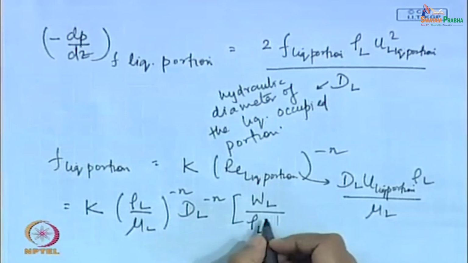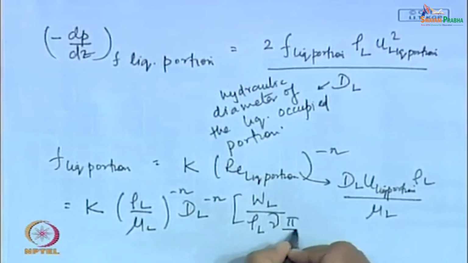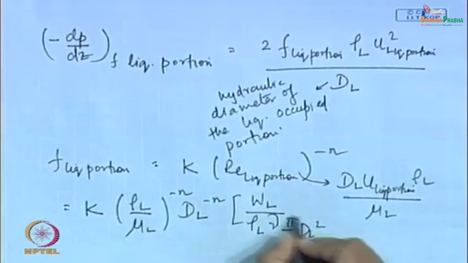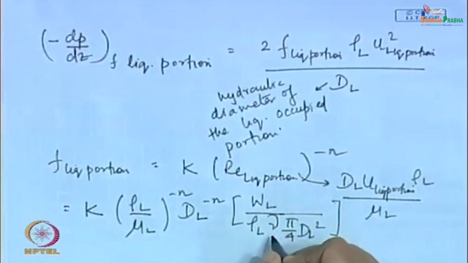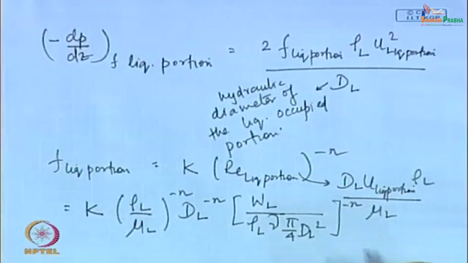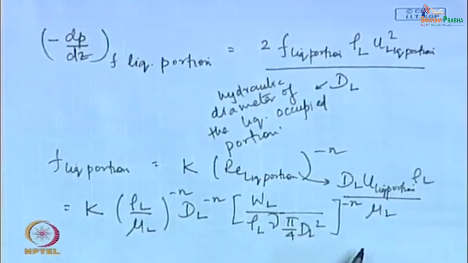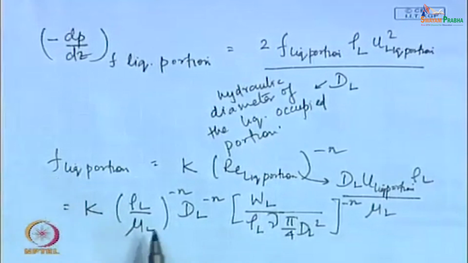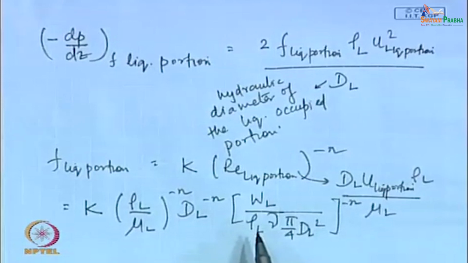What is this A L? This is nothing but gamma pi by 4 dL square, where gamma is the shape factor. That cylinder might not be completely circular, isn't it? So, this just accounts for the shape factor, which at the end we may take as 1. For the time being we would like to keep it. So, this is the final expression of the friction factor of the liquid in the liquid occupied portion during two phase flow.